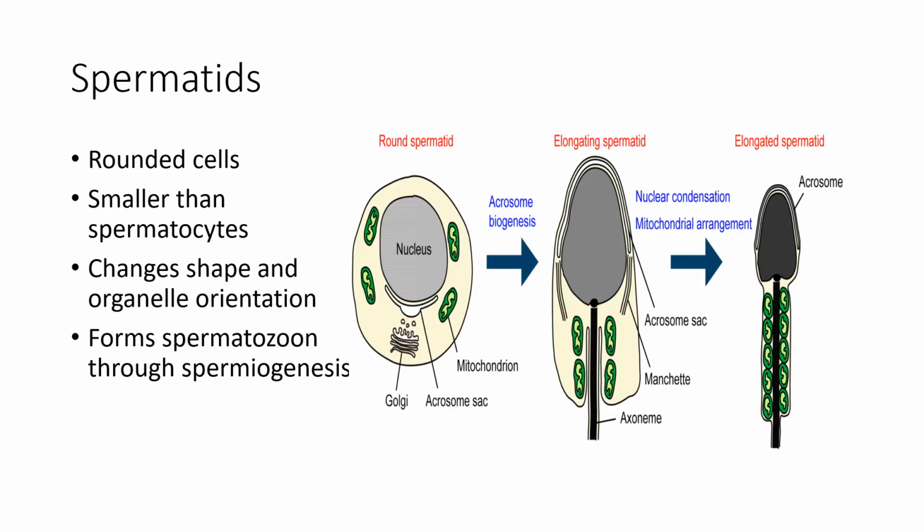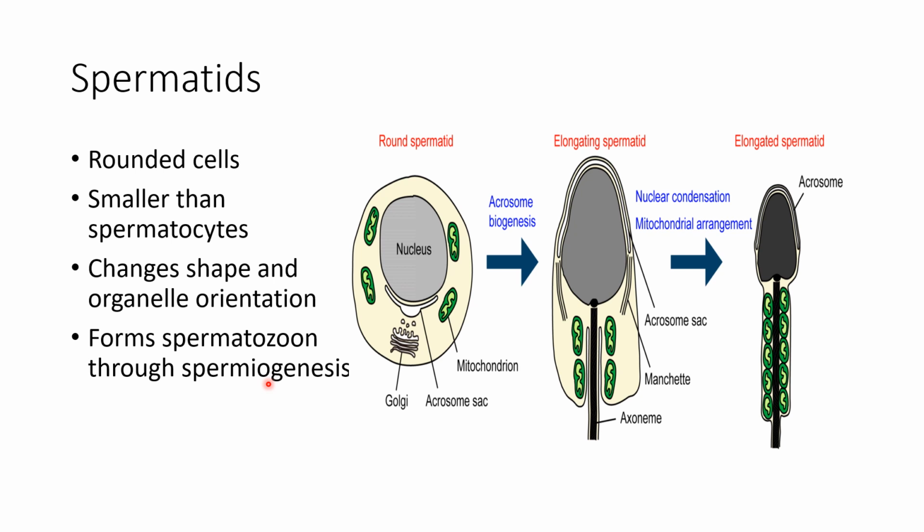Now the spermatids, what are they? The spermatids are more rounded. Remember, I said that the size begins to decrease and the cells begin to become rounder as the growth progresses. So they are rounded cells. They are smaller than spermatocytes, and what basically happens is a change in shape and a change in organelle orientation.